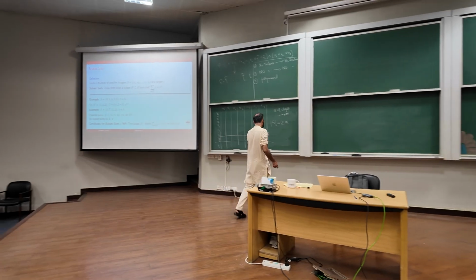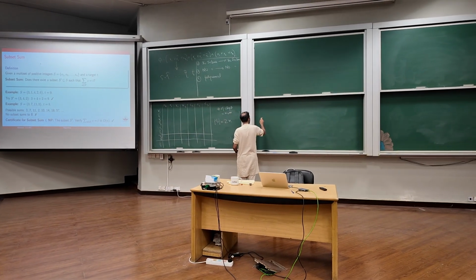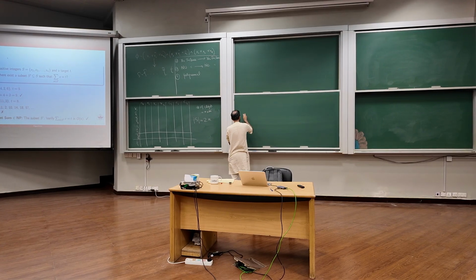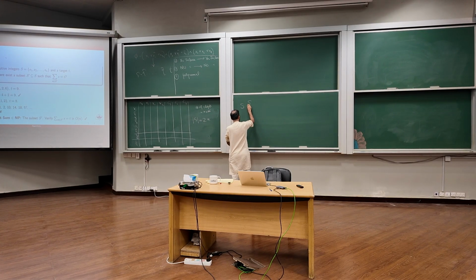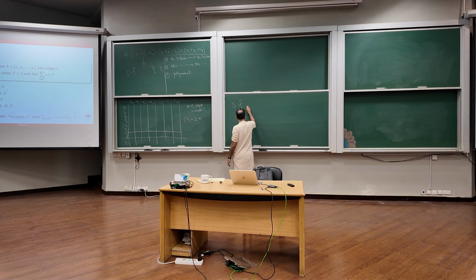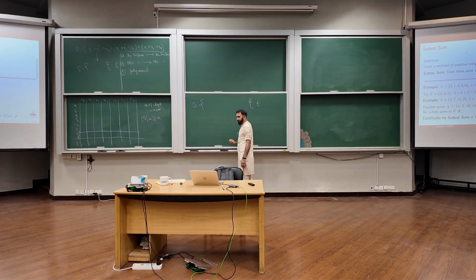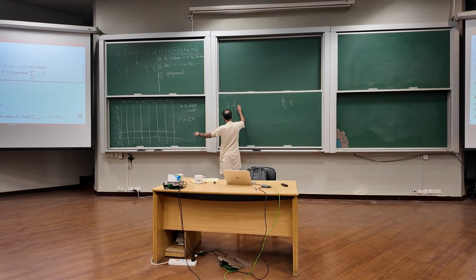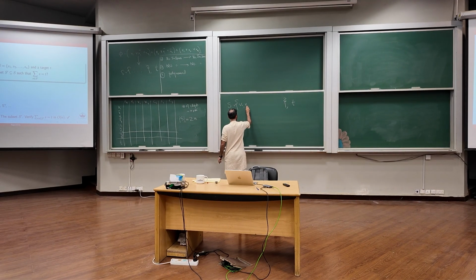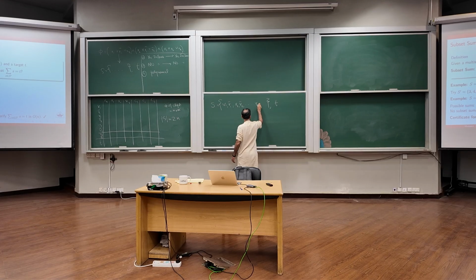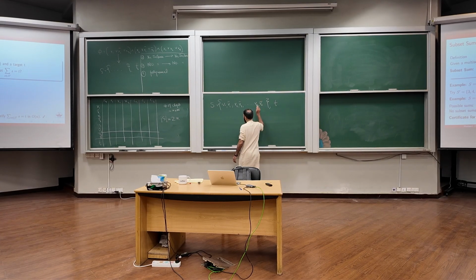So what I have to produce is this: I have to produce S, which is a set of integers, and a variable t, the target. In S, I will have a v1, v1 dash, v2, v2 dash, and so on until I reach vn, vn dash.